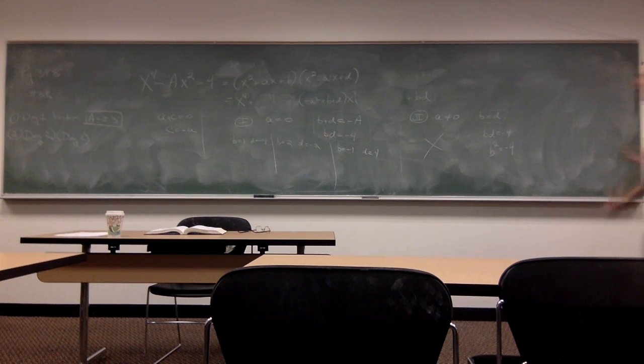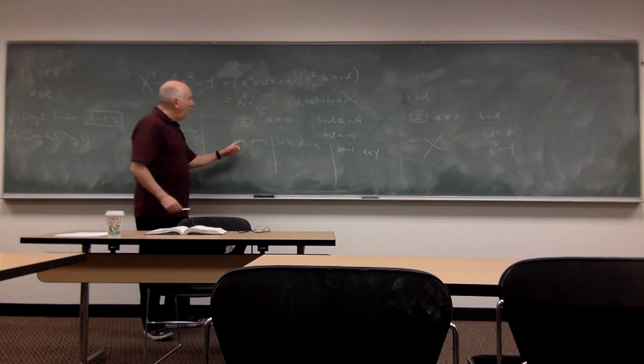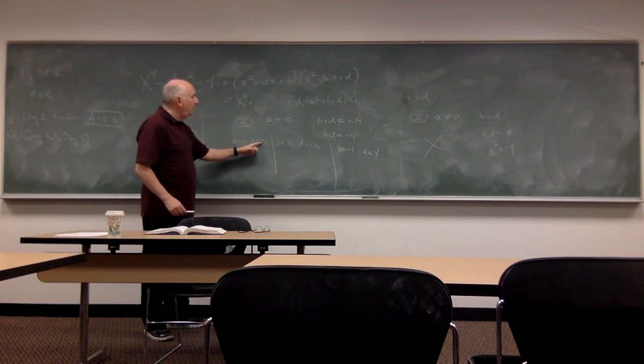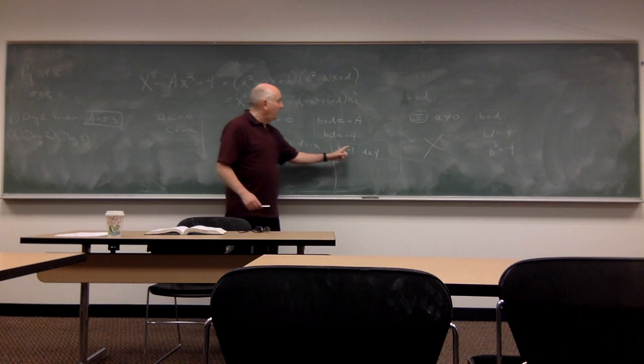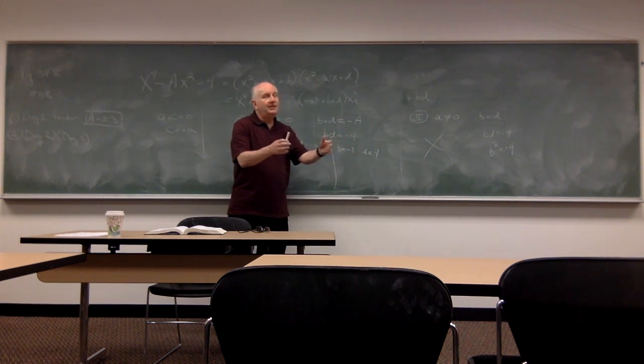Here's what I mean. We took the case of 1 and negative 4 for b and d, and we took the cases of negative 1 and 4. So I've basically taken the cases of plus or minus 1 and plus or minus 4.